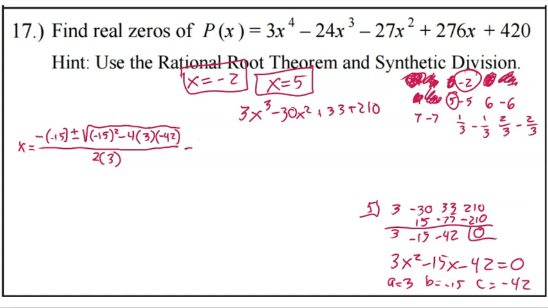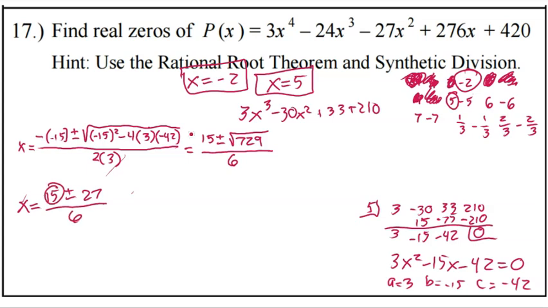And so this winds up being, so negative negative 15 is positive 15, so I have 15 plus or minus the square root of 729, divided by 2 times 3, which is 6. And the square root of 729 is 27. So what we have here is x is equal to 15 plus or minus 27 over 6.